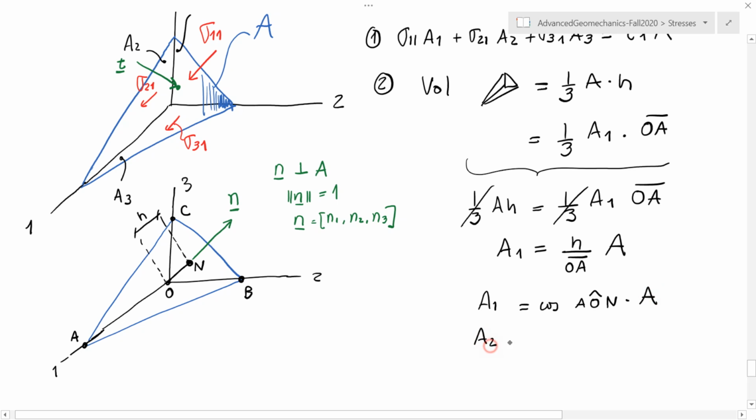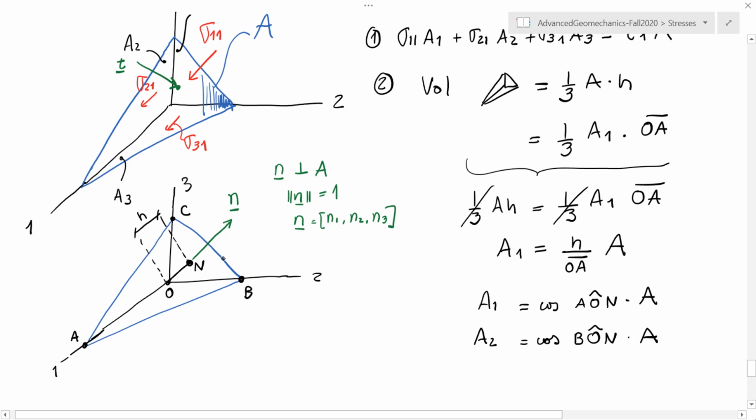Similarly, A2 is going to be the cosine of BON times A, where now we can see a little bit more clearly, for example, what BON is, right?